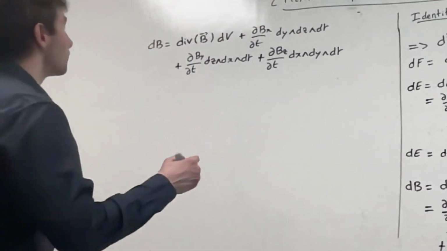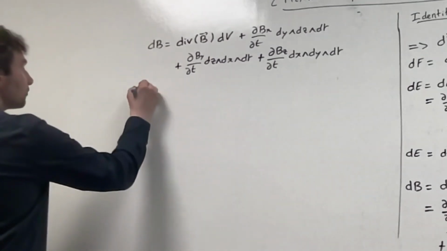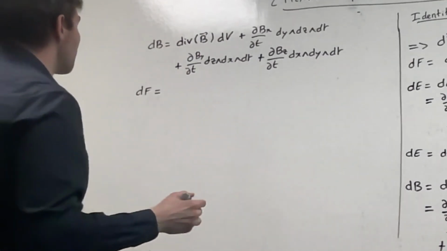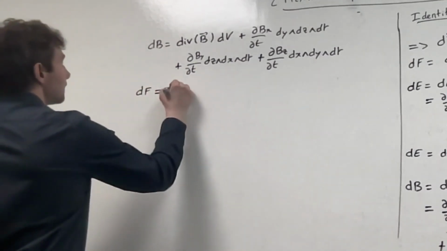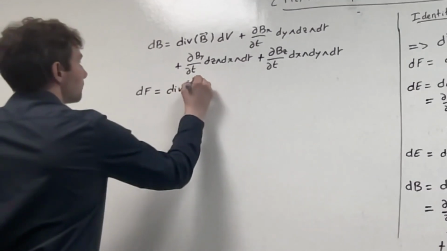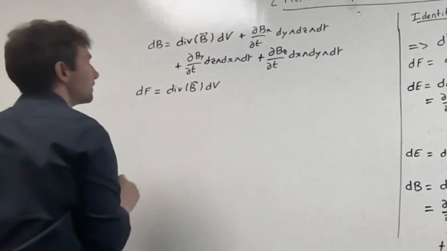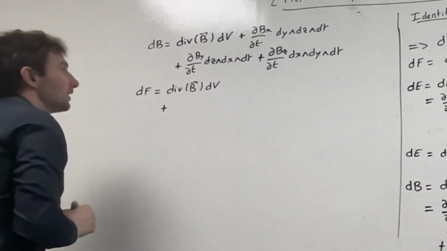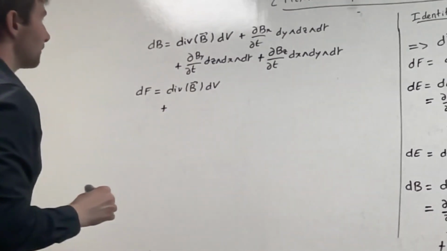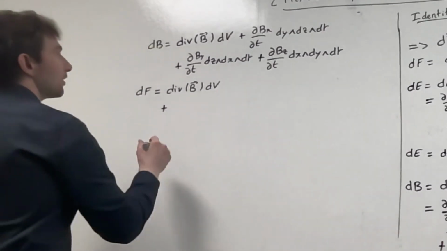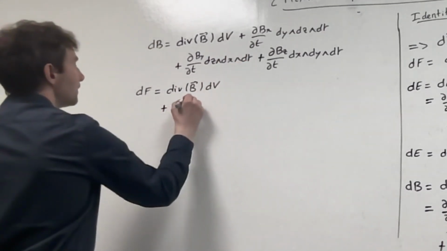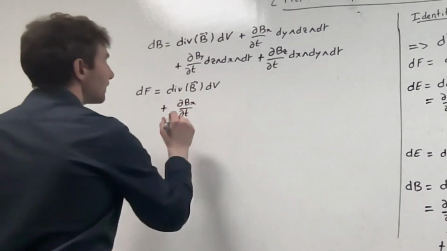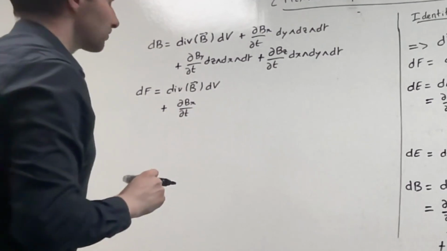Now, what we can do is put all of that together. And I'm going to factorize things. So we are going to get the divergence of b, and then times this dv, which is this form here, and then plus, and let's look at what we get. So we are going to get, for example, here, dbx dt, and then let's see what else we have.